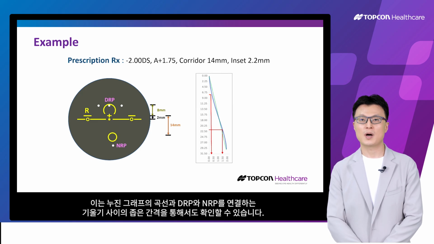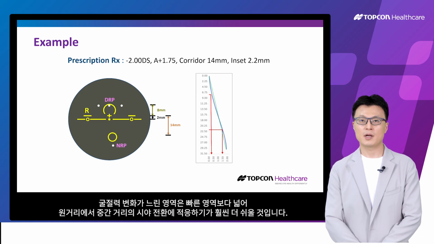This is supported by the narrow gap between the curve of the progressive graph and the slope connecting the DRP and NRP. The area where the refractive power change is slow is wider than the area where it's fast. So, adapting to the transition from distance to intermediate viewing distances will be easier.